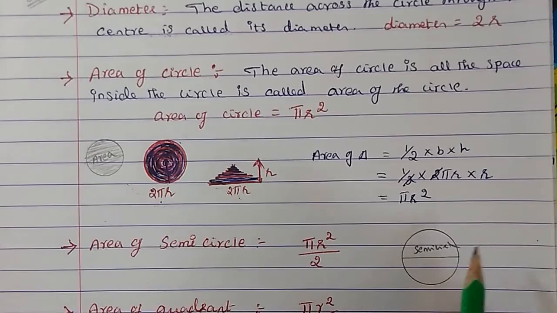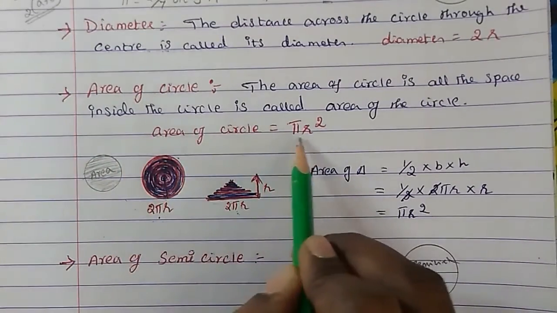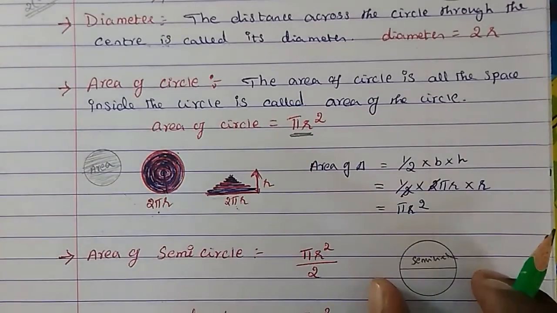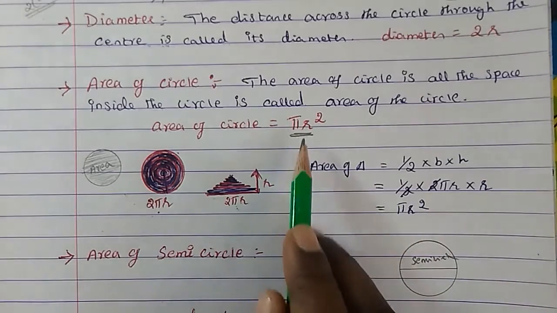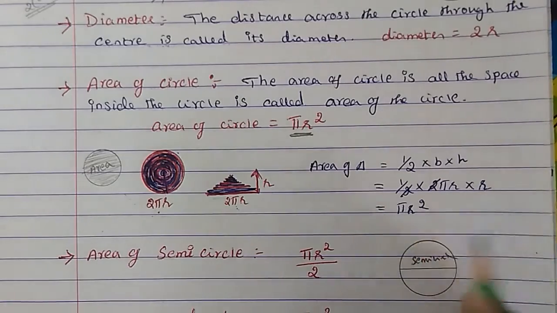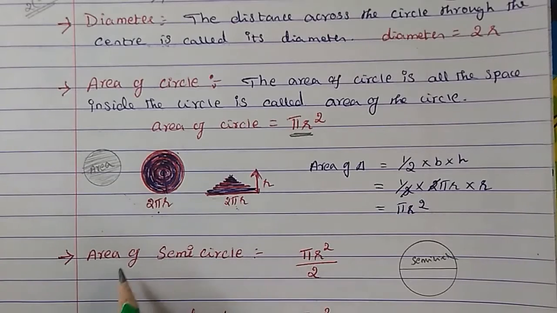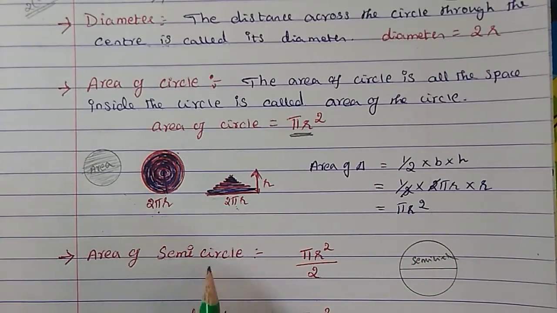We know the area of the full circle is pi r square, so the area of the semicircle means the area of half the circle. The full circle becomes 2 parts, so the area of a semicircle is pi r square divided by 2, which means half.